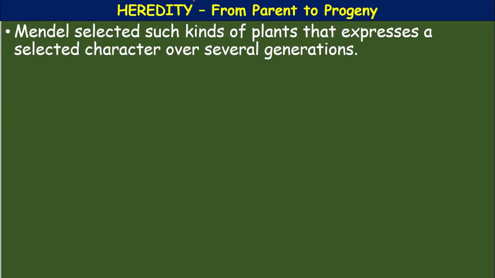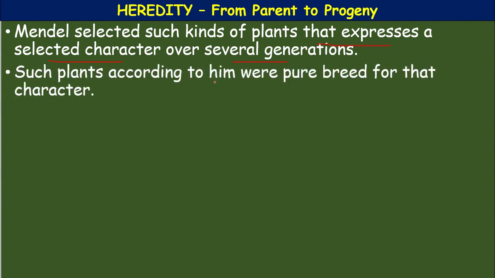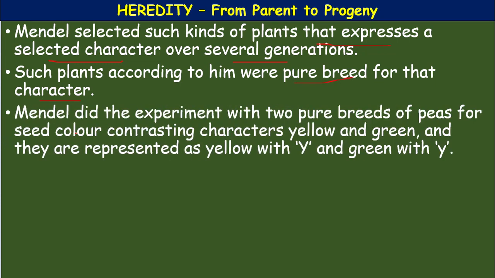Mendel selected such kinds of plants that expressed a selected character over several generations. Such plants, according to him, were pure breed for that character. Mendel did experiments with 2 pure breeds of pea for the seed color, contrasting characters, yellow and green.